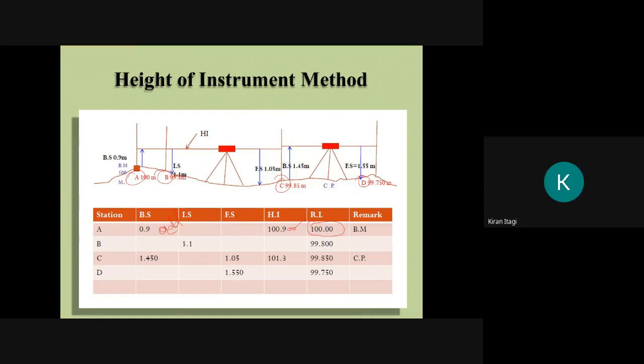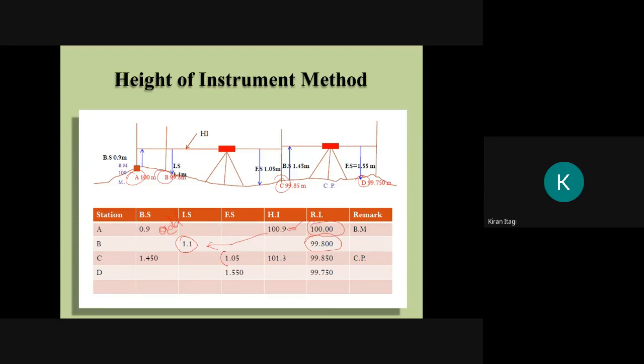Then we have the intermediate side. Height of the instrument minus intermediate side: 100.9 minus 1.9 gives 99.0. Okay, this is the second reading.